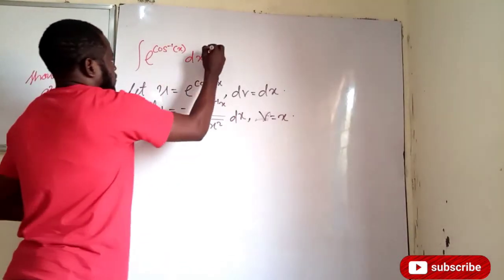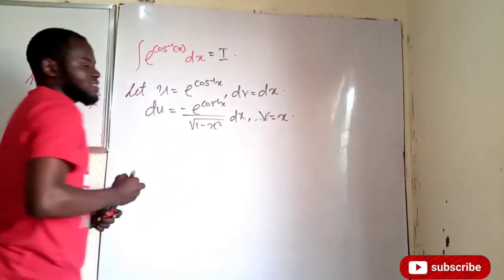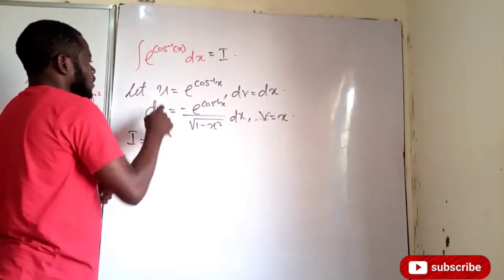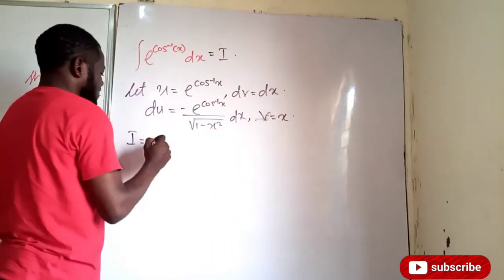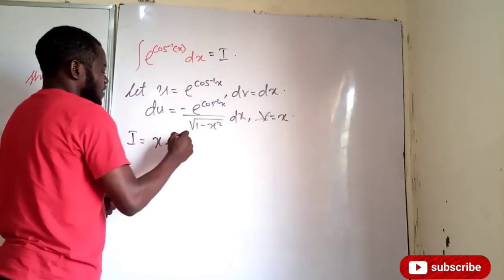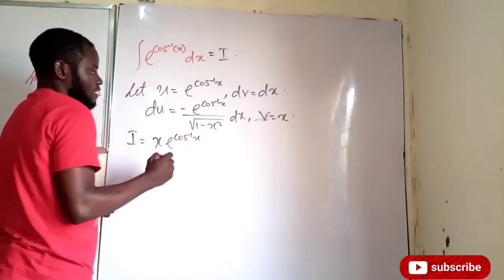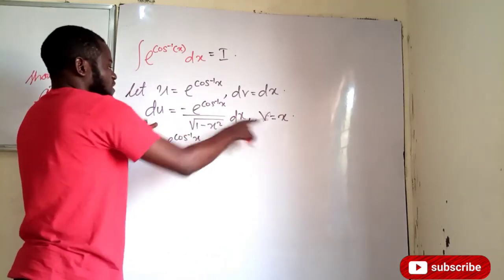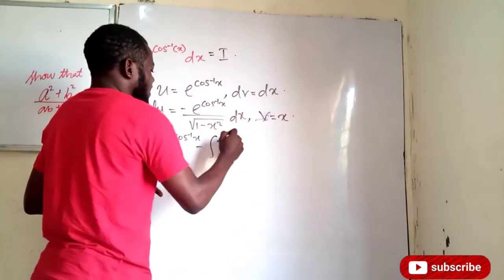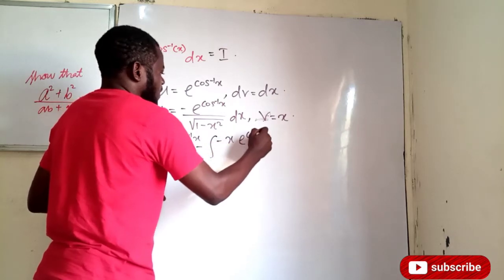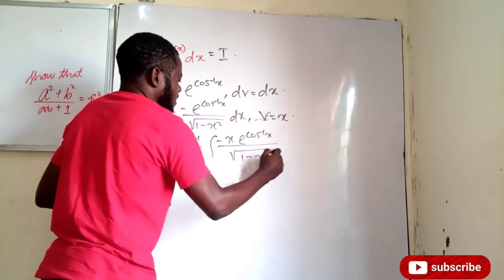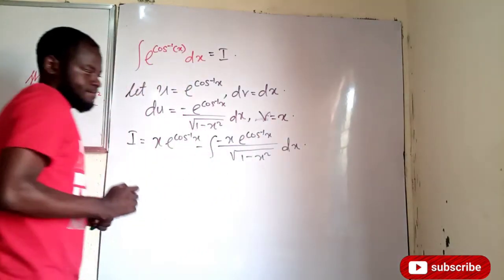Now, let's substitute this into the equation. Don't forget that this is equal to I. Hence, I will have that I is equal to uv, that is this times this, that's x e to the power of arc cos of x, minus the integral of v du, and that's going to be negative x e to the power of arc cos of x divided by the square root of 1 minus x squared dx, like this.